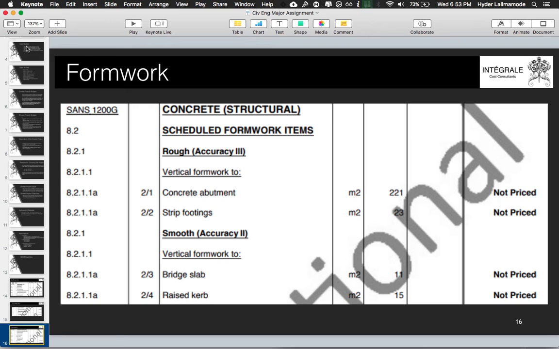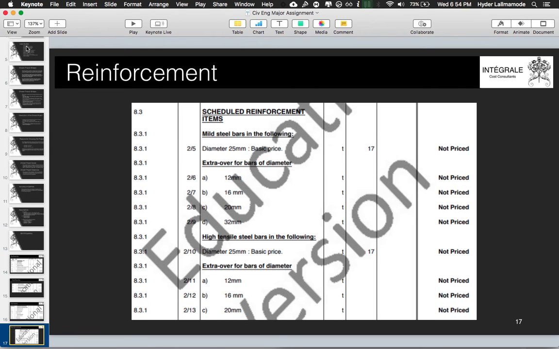So we split in terms of vertical, and we had vertical formwork to concrete abutment and strip footings, and then for smooth formwork we had vertical formwork to bridge slab and raised curb. Reinforcement, we had mild steel bars and high tensile steel bars where we measured 25 millimeter diameters, and then we had extra over for 12 millimeters, 16, 20, and 32 diameters.